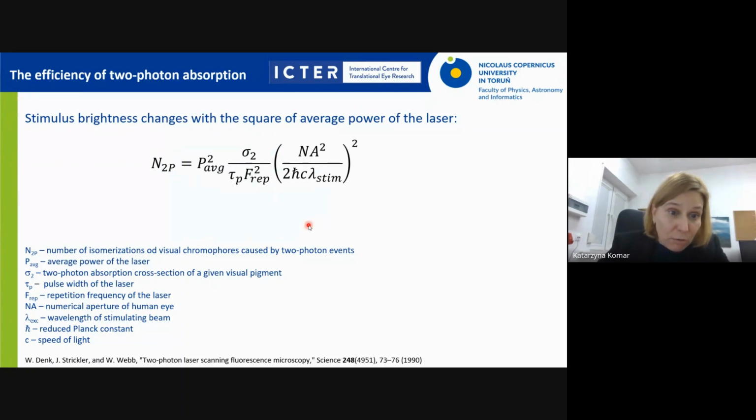So we know the equation that links the number of absorptions, of isomerizations that occur on visual chromophores, with global parameters of laser and optical systems. And this equation also describes the process of two-photon vision.